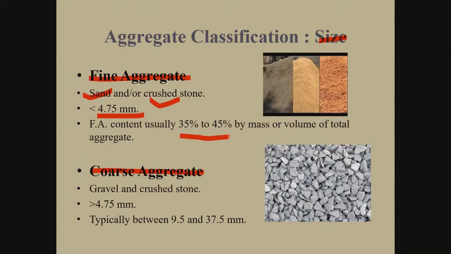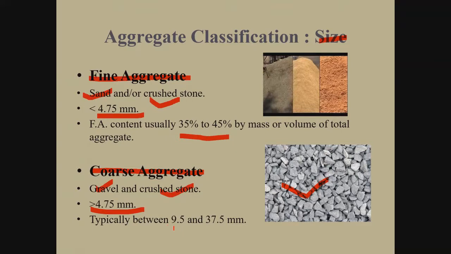Fine aggregate content usually starts from 35 to 45% by mass or volume of total aggregates. Now, what are coarse aggregates? Coarse aggregates are those aggregates which are retained on sieve number 4, or which are bigger than 4.75 millimeter. They include gravel and crushed stone.